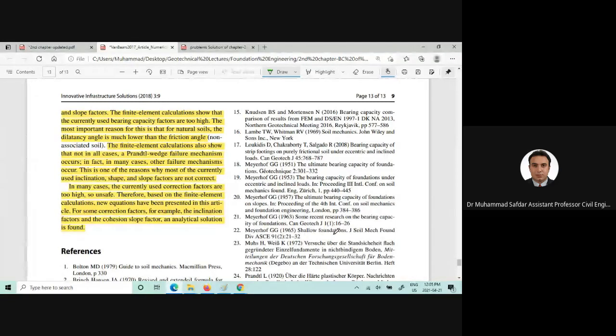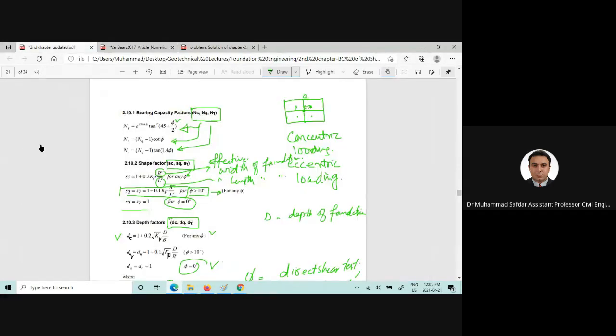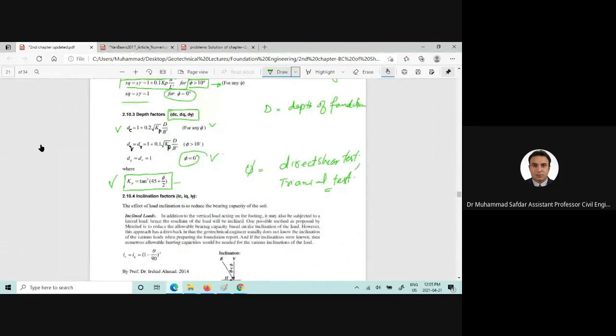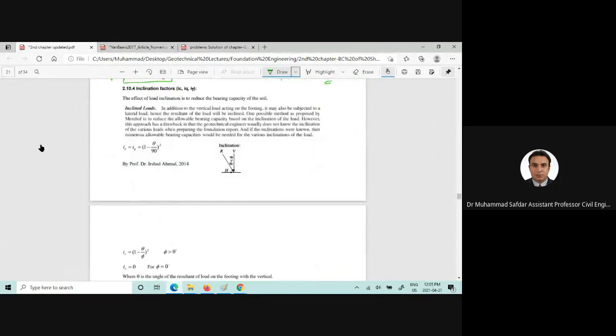But before coming back to the lecture, this is very fundamental research which is conducted on the bearing capacity of shallow foundations and deep foundations. If someone is interested in performing numerical studies and analytical studies for shallow and deep foundations, I would be more than happy to work with that group.